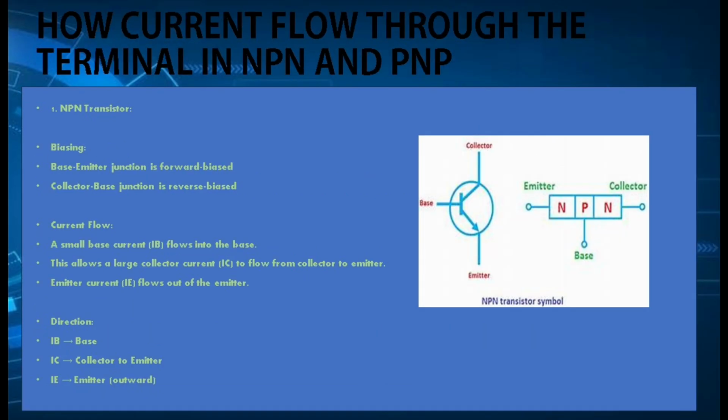For the next part, I'm going to talk about how current flows through the terminals in NPN and PNP. First, we are going to see the NPN transistor. For biasing, the base-emitter junction is forward biased and the collector-base junction is reverse biased. For the current flow, a small base current, IB, flows into the base.